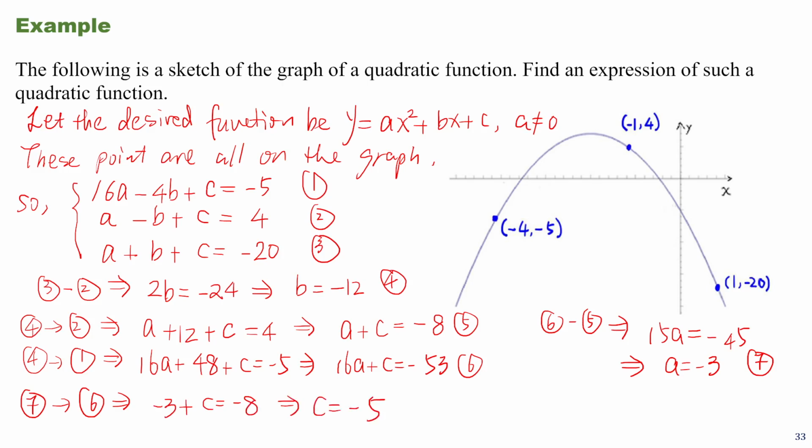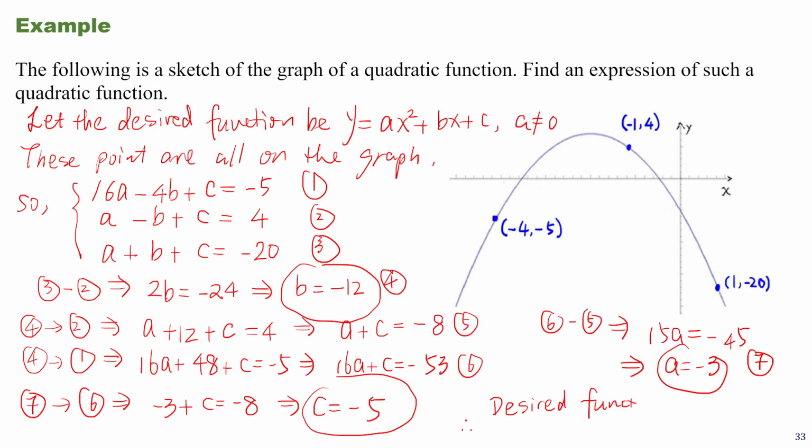So as long as you have a, b, and c, then we know the equation of this function, right? Therefore, you could conclude the desired function is y equals a, -3x squared, plus bx, which is -12x, plus c, which is -5. So this is the equation of the desired function, right?